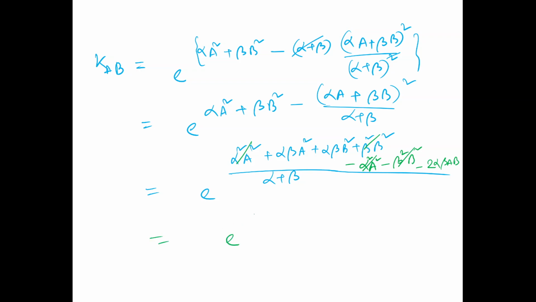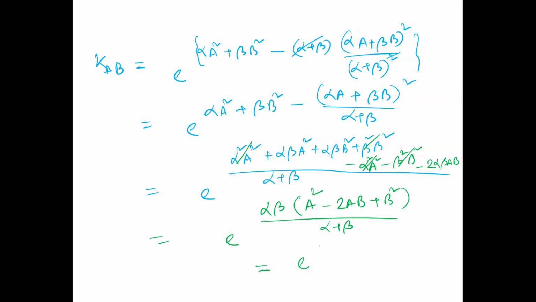Now you have e to the power, you can take common alpha beta. Now you have A square minus 2AB plus B square divided by alpha plus beta.